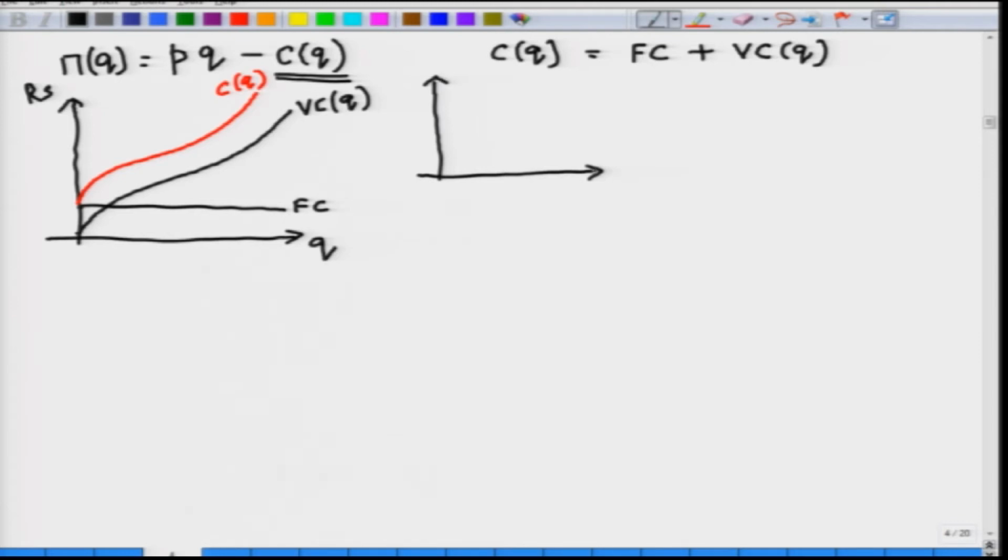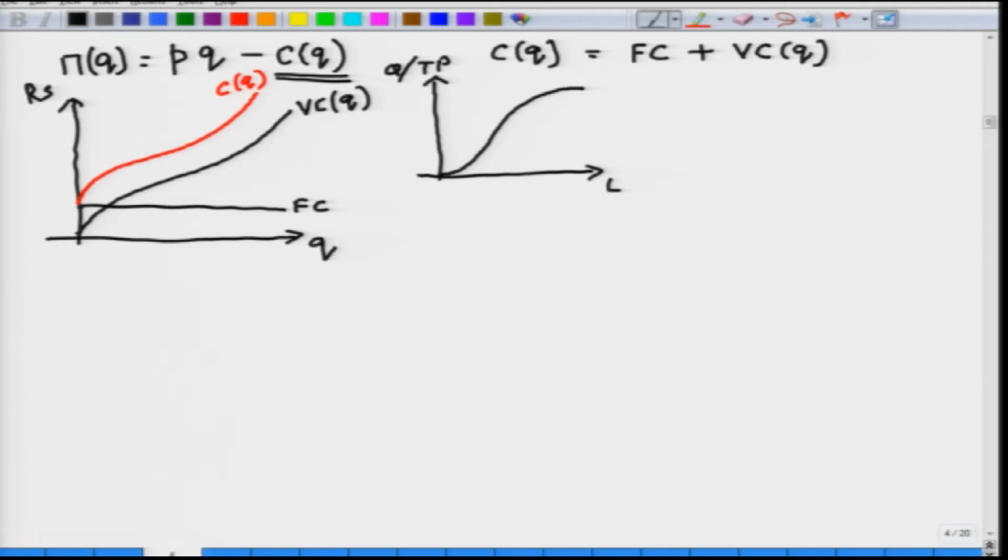As I keep changing the amount of labor hired by the firm, the output or the total product of the firm is going to be changing, and a general way in which it could be changing is a function which looks like this, right. So, this is your total product curve.